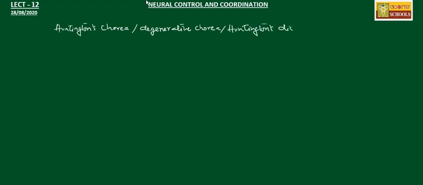So the last one is about Huntington's chorea. This is also called degenerative chorea, or simply Huntington's disease, in short HD.